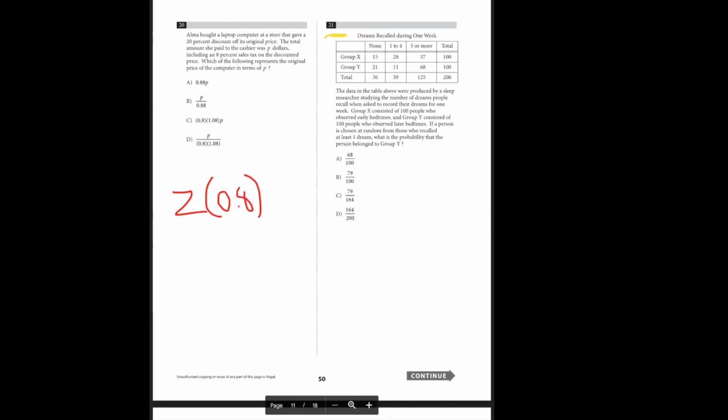And then once she had the discount, she paid an 8% sales tax. An 8% sales tax can be represented like this, 1.08, because she's paying this price plus 8%. So this is pretty much what she paid, and it says that what she paid is P. So I'm going to set this equal to P.